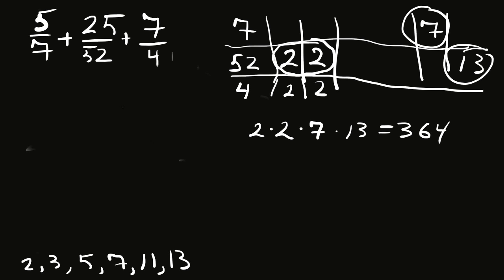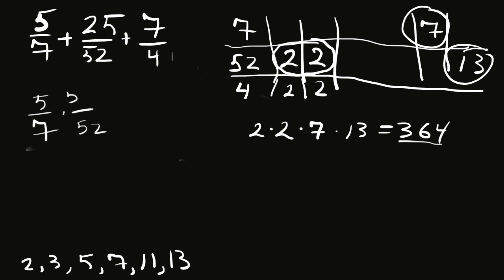So we're going to want to make 364 the denominator of all of these fractions. To make that happen for 5/7, we know that 364 is made when we multiply 7 by 2 times 2 times 13, which, if you put it in your calculator, is going to end up being 52.